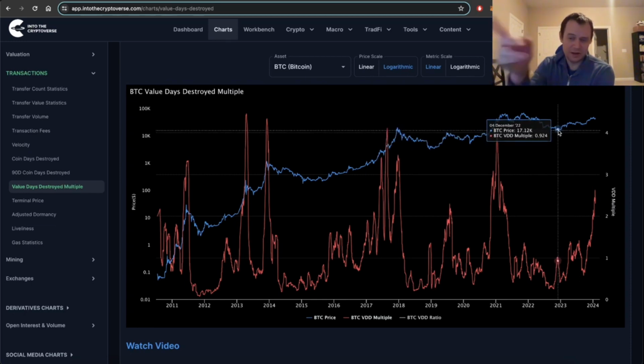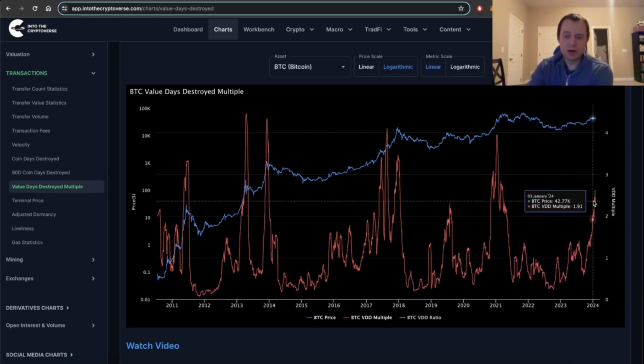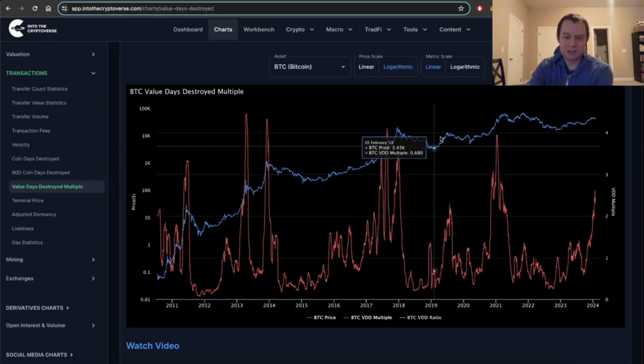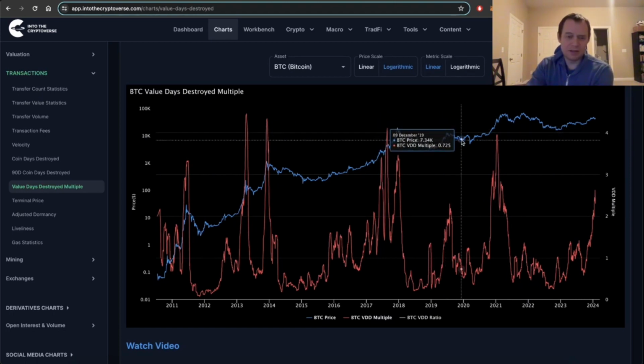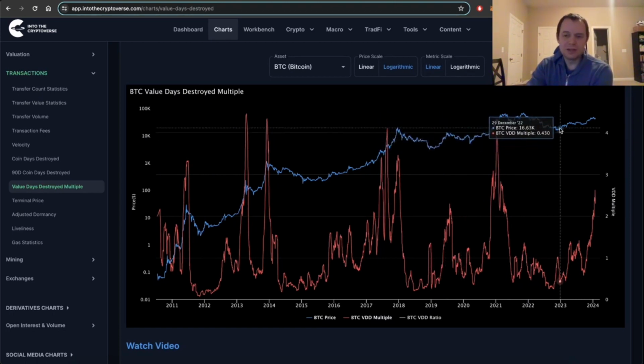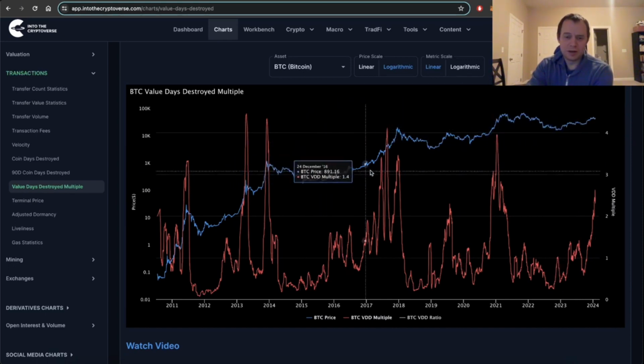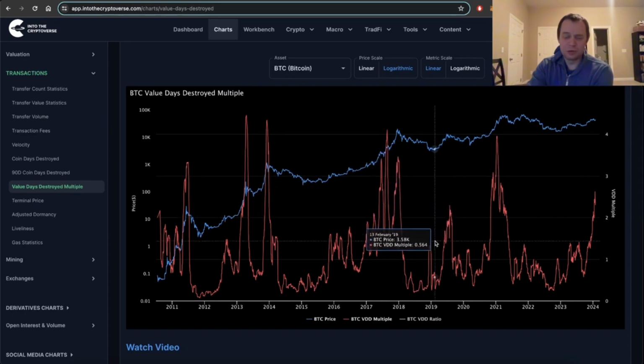So from the November 2022 bottom, we've actually seen this metric go up a lot more than it did back over here in 2019, despite the fact that the price in 2019 went up a lot more. And a lot of it obviously is going to be due to the increased time frame that this move has taken to play out compared to the one in 2019.